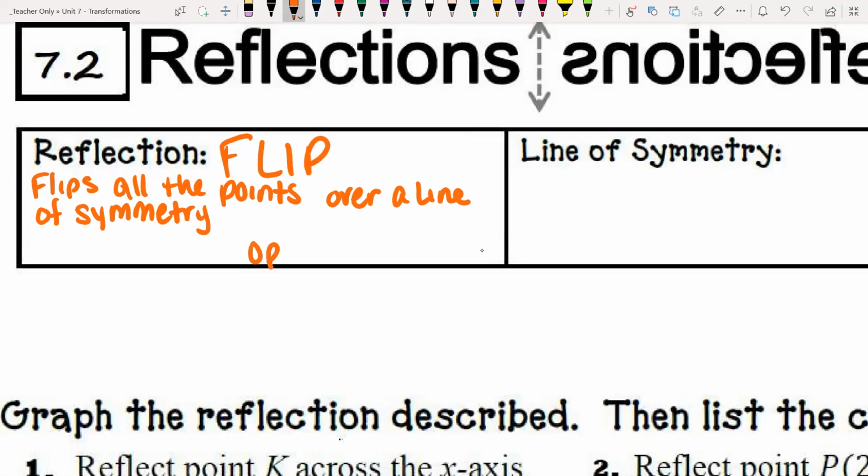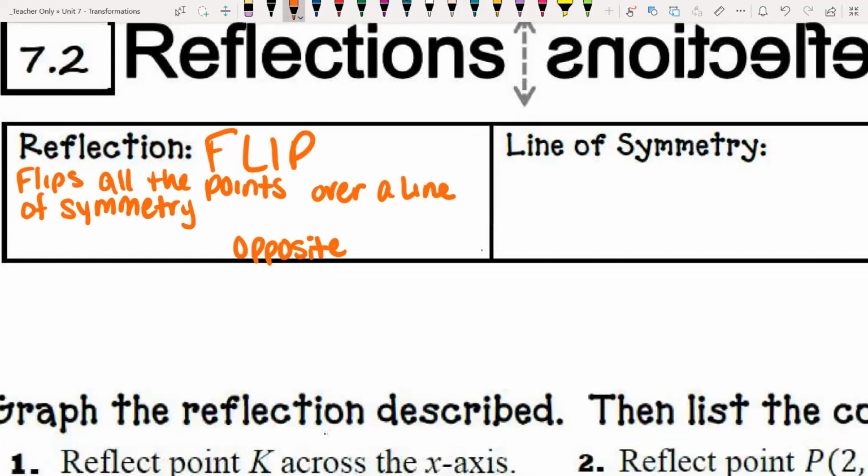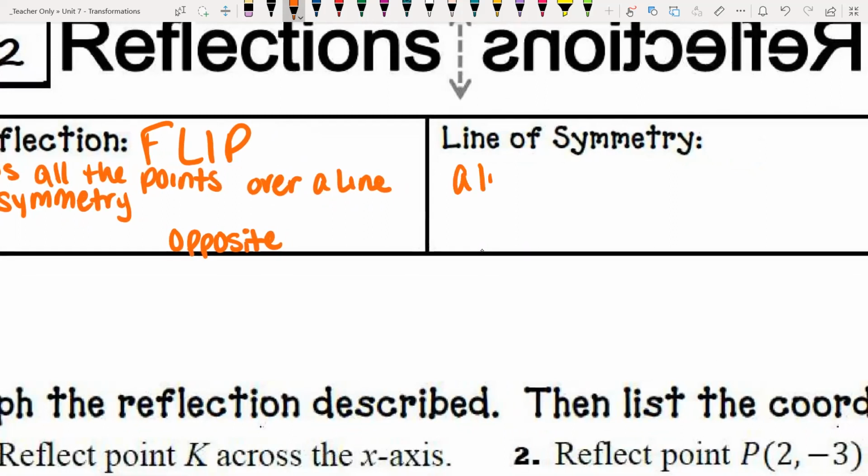Really, we're finding its opposite is another way to look at it. The line of symmetry is a line in which we reflect over.